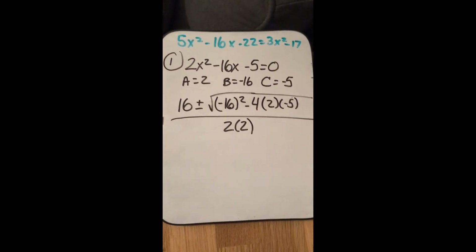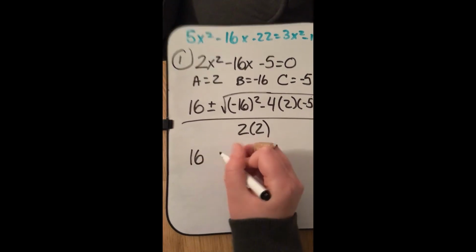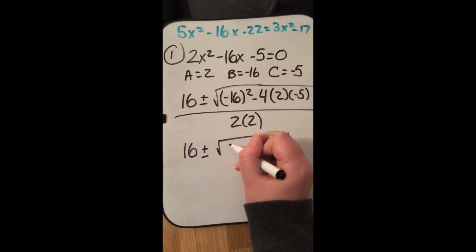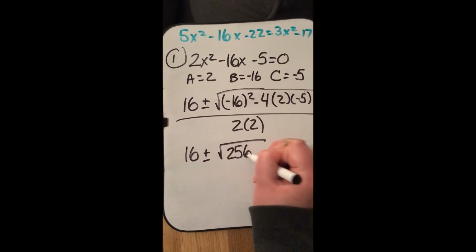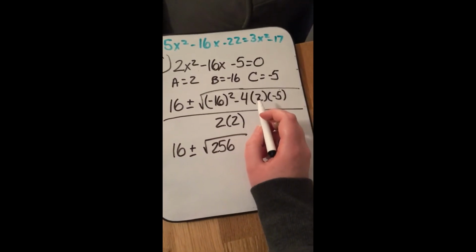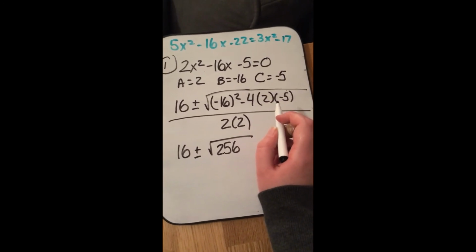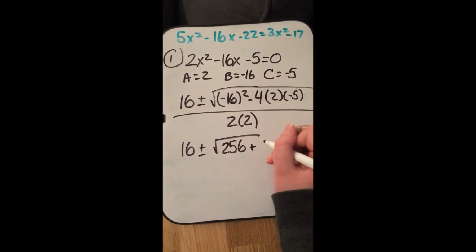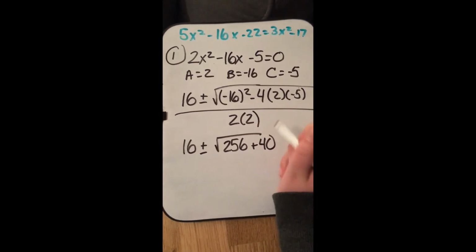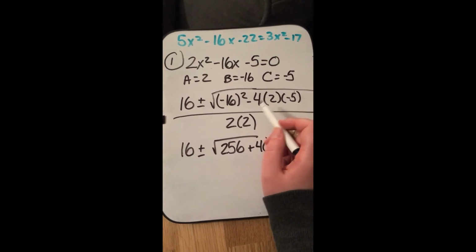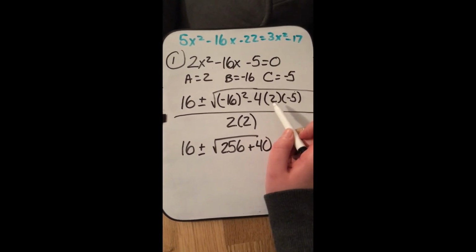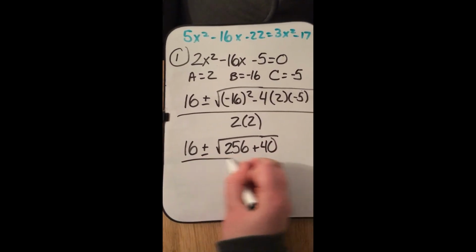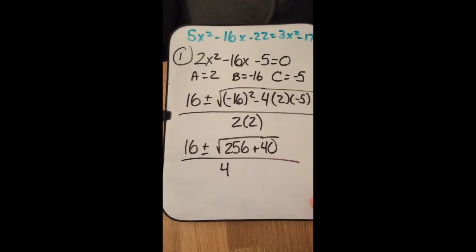Let's start simplifying. 16 plus or minus, negative 16 squared is 256. Negative 4 times 2 times negative 5: we have a negative and a negative, so it's positive 40, because negative 4 times 2 is negative 8, and negative 8 times negative 5 is positive 40. 2 times 2 is 4.